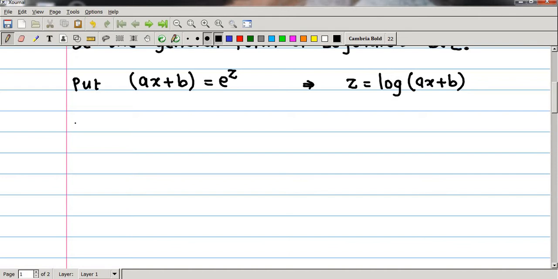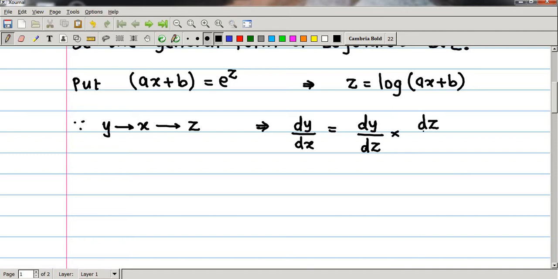Since y is the dependent variable, initially it is defined in terms of x. Now by using this substitution, we are converting variable x into variable z. Then by using the chain rule, we can replace dy by dx as dy by dz into dz by dx.